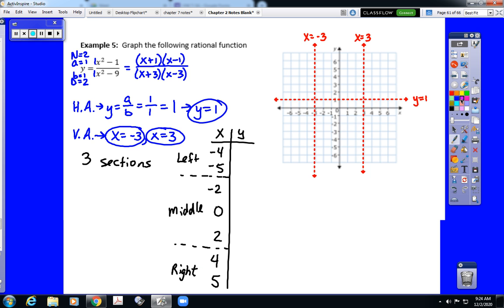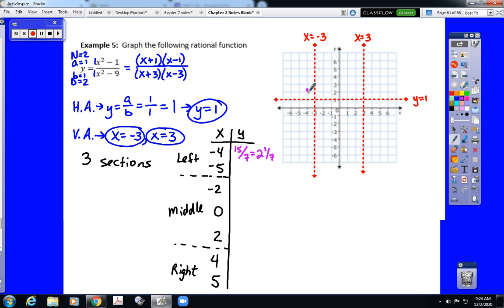We'll see what happens. So when we plug in -4, we have 16 minus 1, which would be 15, over 16 minus 9, which would be 7, which is 2 and 1/7. So just above 2. Right there.